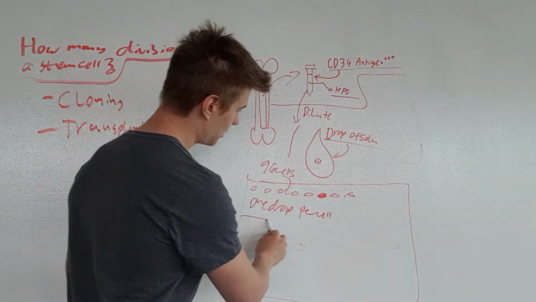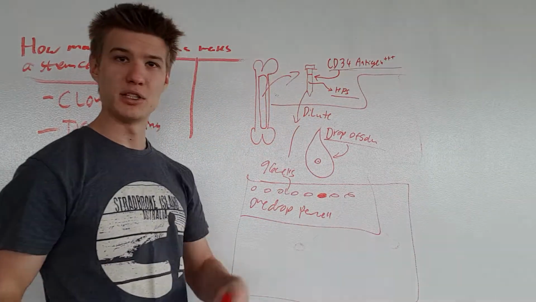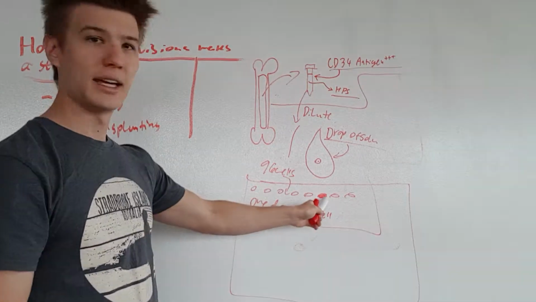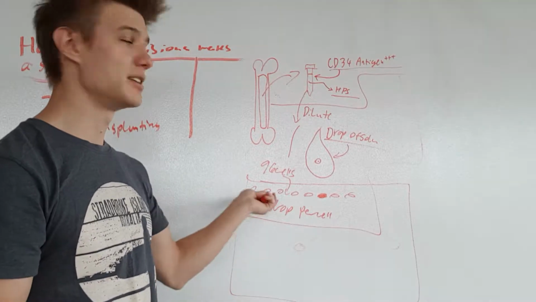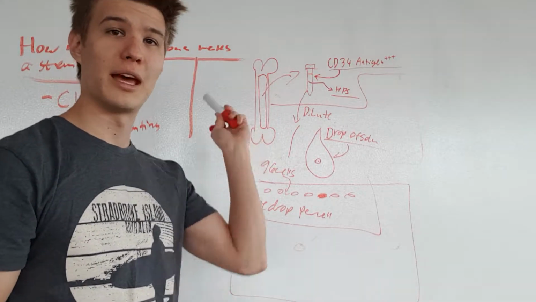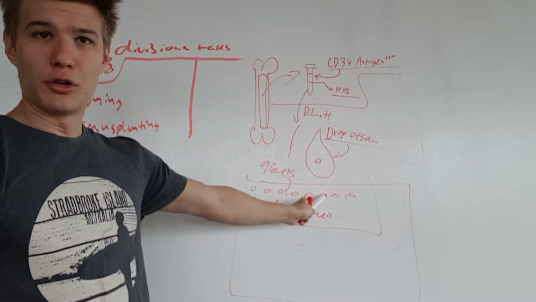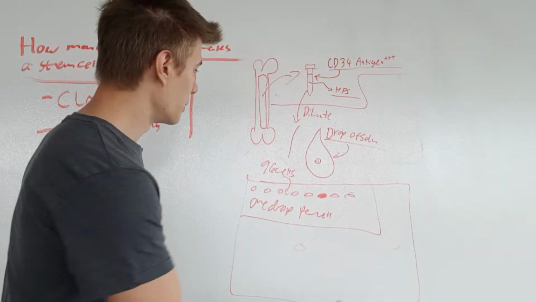So we take our plate, it's been 21 days, we take out our colony that has divided, and maybe we have 96 colonies, or maybe we have a dozen, or maybe we have 1. But we take out our colony that's divided, and then we replate.